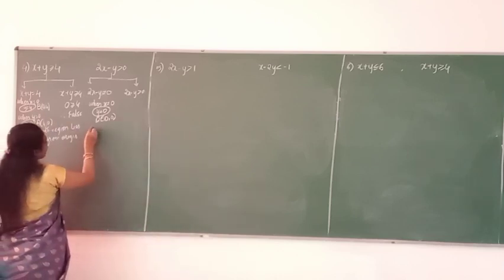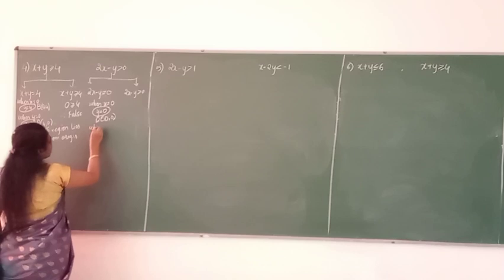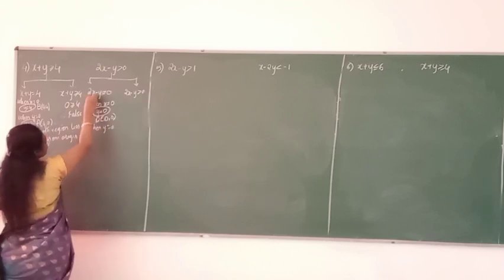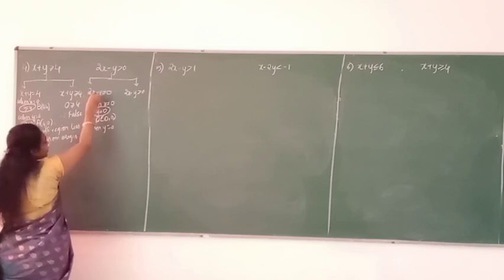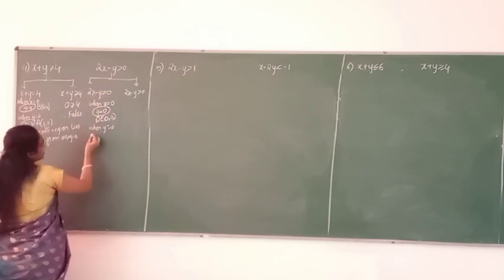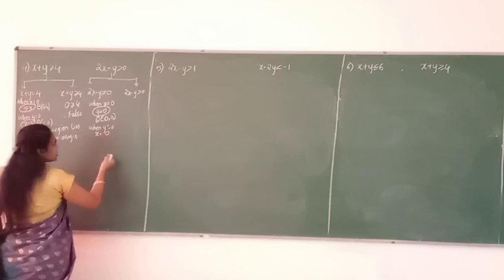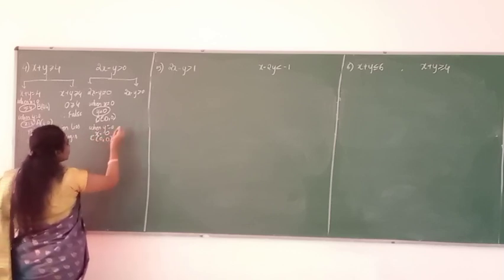Next one, and y is equal to 0. So 0, 0, 2x minus 0 is equal to 0, and 2x is equal to 0, therefore x will be nothing but equal to 0. Therefore c is nothing but 0 comma 0.